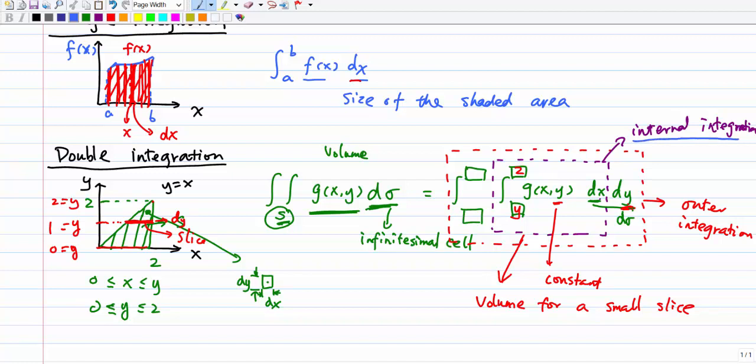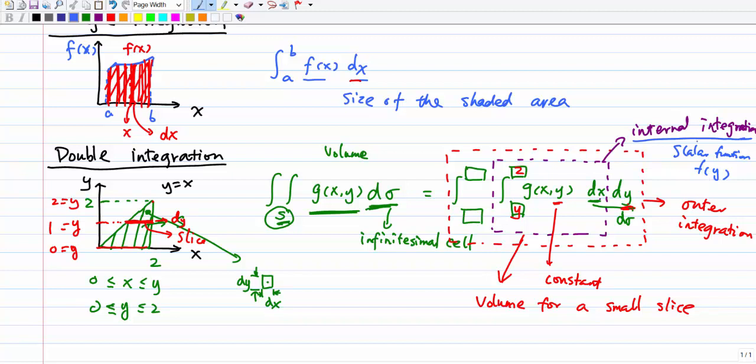Now for the outside, what does it mean? You can now interpret the internal integration as a scalar function. It's like f(x), you can evaluate f(x). Of course, this will be f(y) because the outside one is a function of y. You can evaluate it as a function of y.